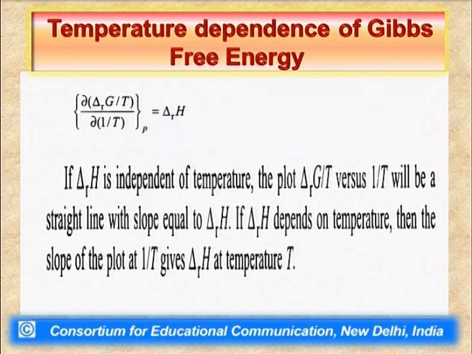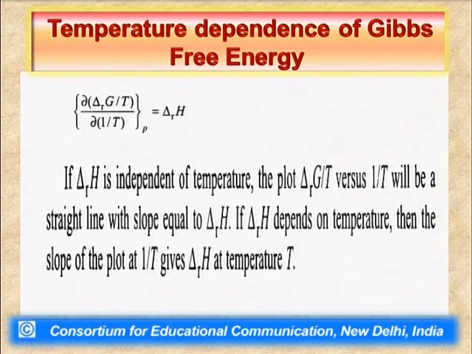That is, we can calculate the Gibbs free energy change of reaction divided by temperature versus inverse of temperature, and we can calculate delta RH, the enthalpy of reaction, from the slope values. If delta RH depends on temperature, then the slope value also needs to be calculated making use of Kirchhoff's relations. That way, the quantification of Gibbs free energy and enthalpy of reaction can be done.